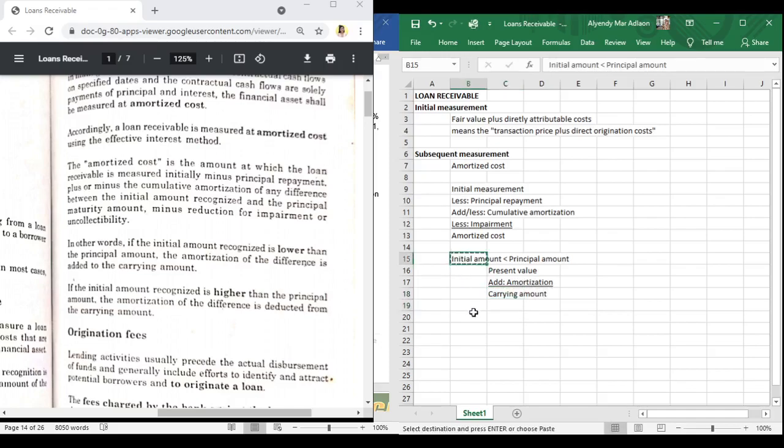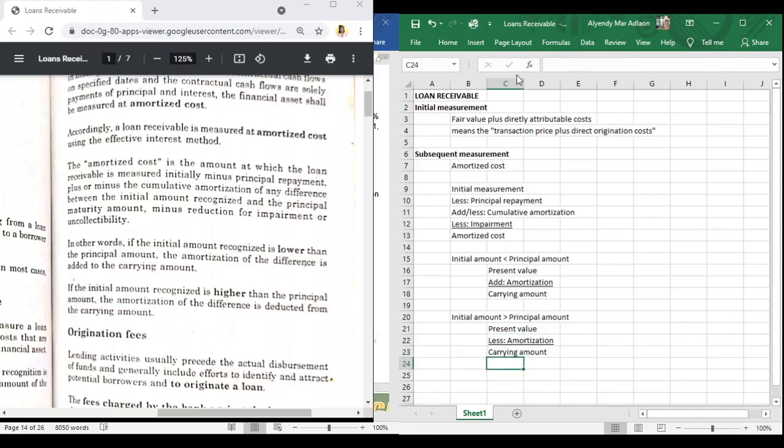But if the initial amount is higher than the principal amount, then the amortization of the difference is deducted from the carrying amount. So, the present value less amortization equals the carrying amount.